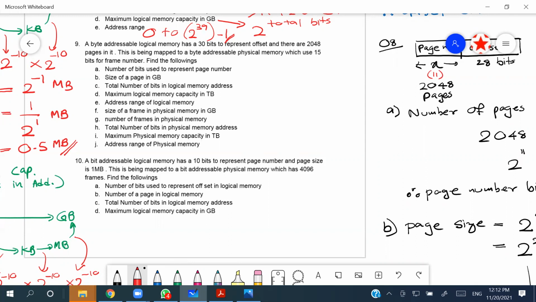So far we have dealt with only one particular diagram, as you can remember. From this math onward, we are going to work with two diagrams, because we need a diagram for the logical address and a diagram for the physical address as well. Let's slowly take these things down.